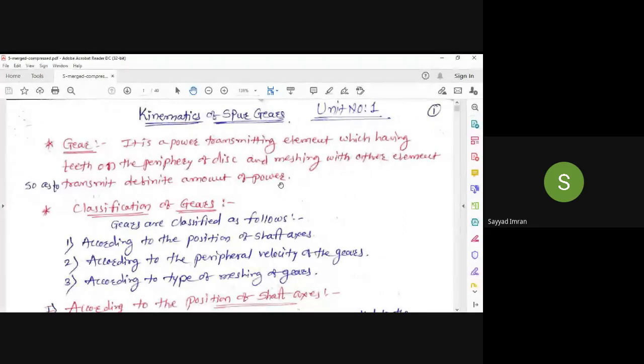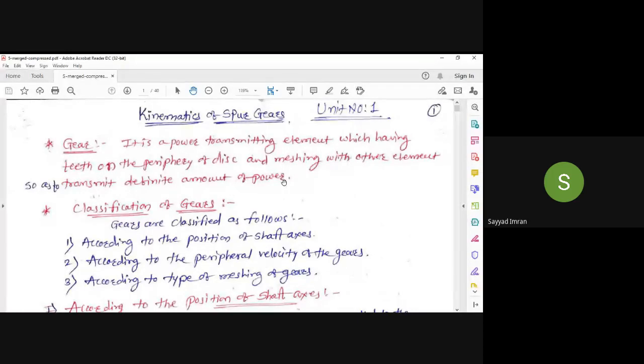So, the unit name is Kinematics of Gears. In this unit, we will first of all see the spur gear. Before starting spur gear, we should know what a gear is.